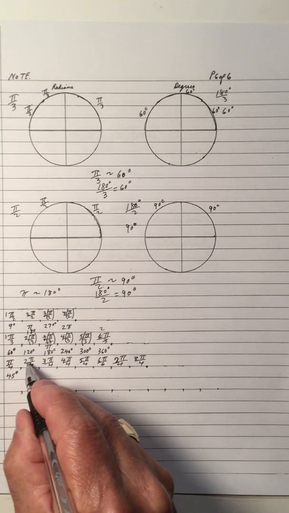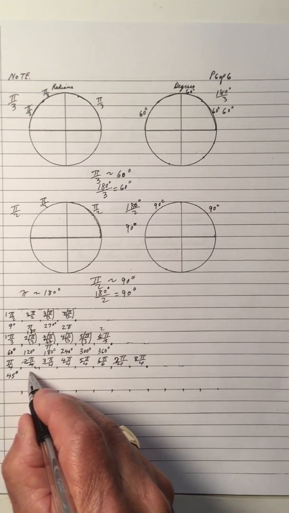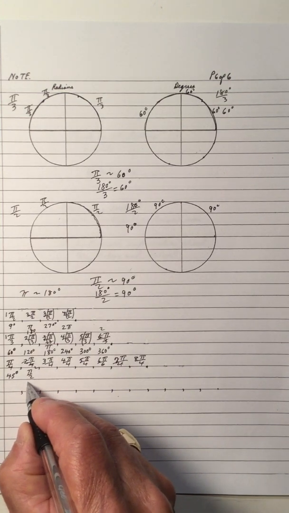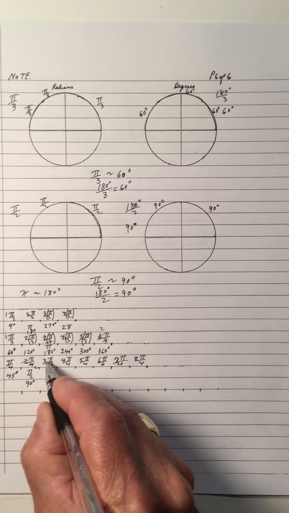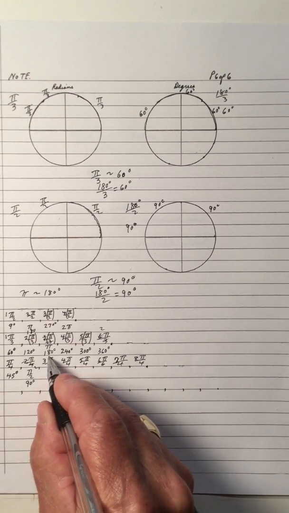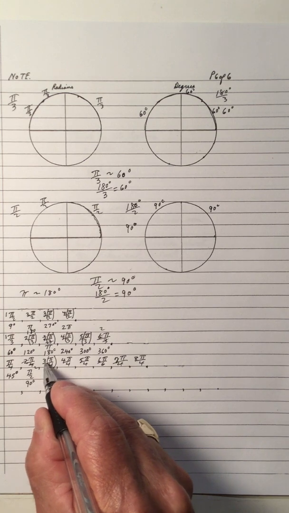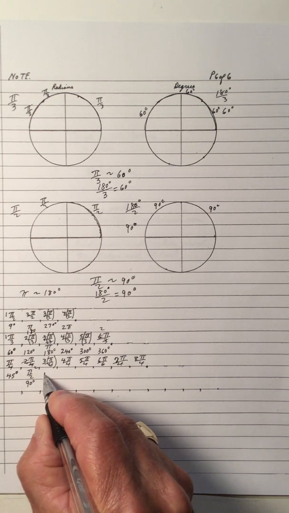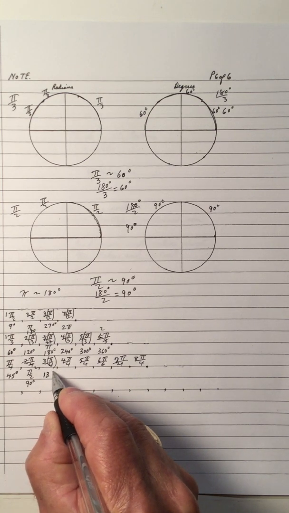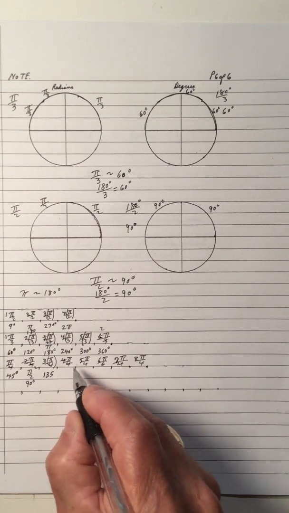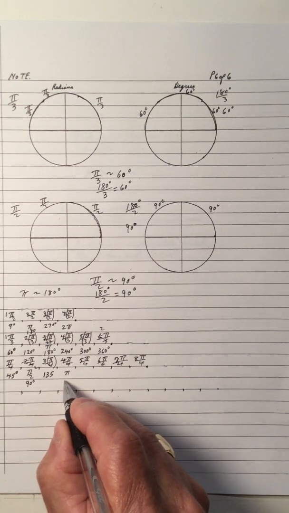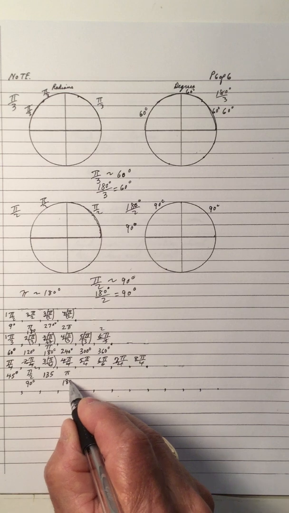So 2 pi over 4 reduces to pi over 2, which is a 90. 3 pi over 4, notice, pi over 4 is 45. 3 45s makes 135. 4 pi over 4 reduces to pi, which is 180.